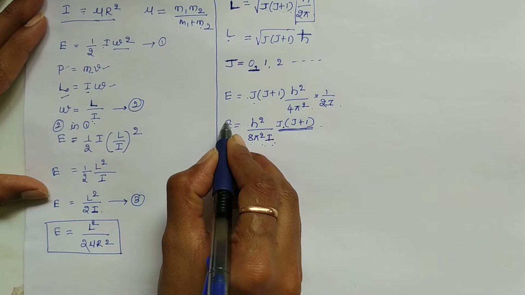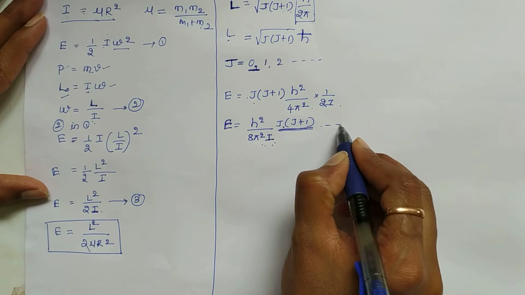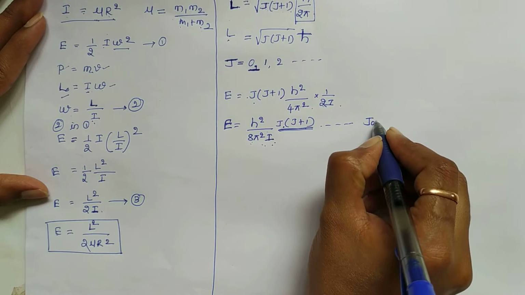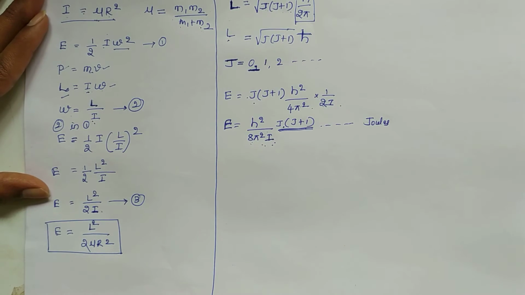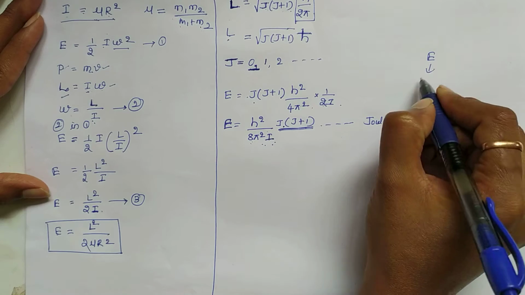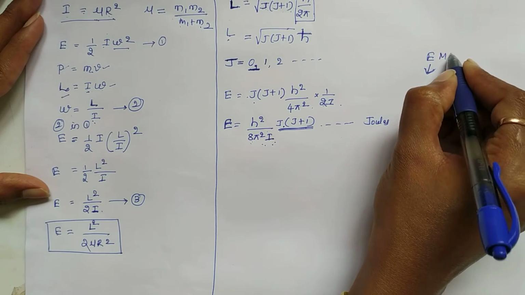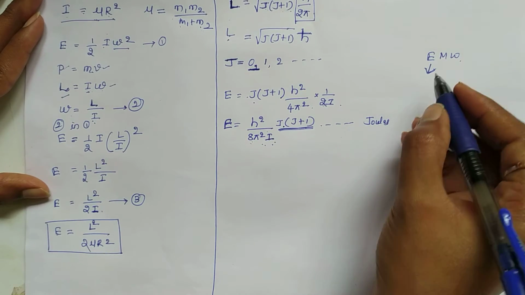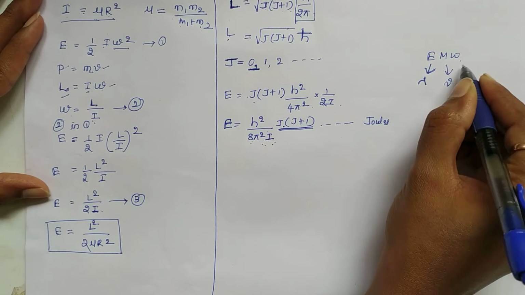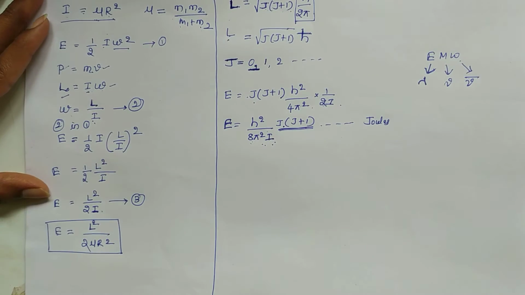So we have got the energy expression, and this energy of the molecule will be in terms of joules. But when it comes to the electromagnetic wave, we are not expressing the energy in terms of joules. The energy of the electromagnetic wave can be expressed either in terms of wavelength, or frequency, or wave number.